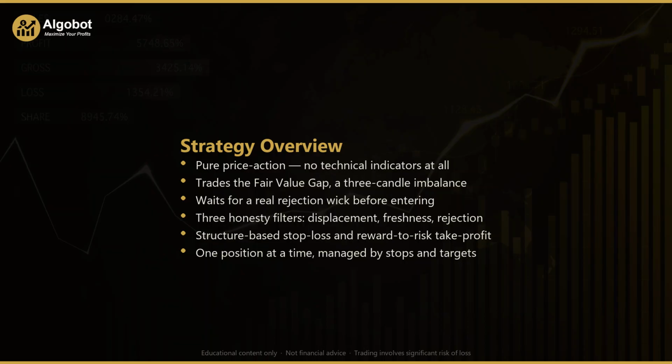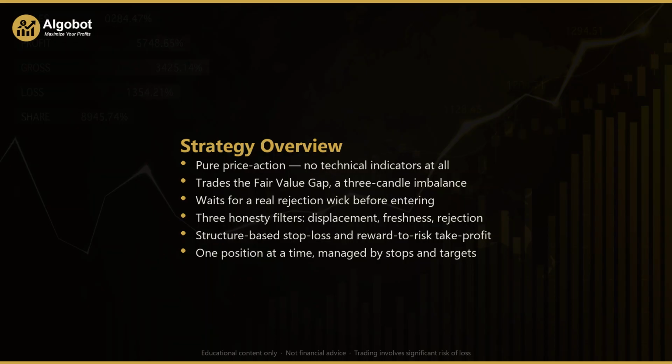So what exactly does this expert advisor do? At its core, FVG Rejection Continuation hunts for a very specific footprint left behind by aggressive buyers or sellers. When price moves so quickly that it leaves a gap between three consecutive candles, that empty space is called a fair value gap or an imbalance. The strategy treats that gap as an area where price is likely to react when it returns.